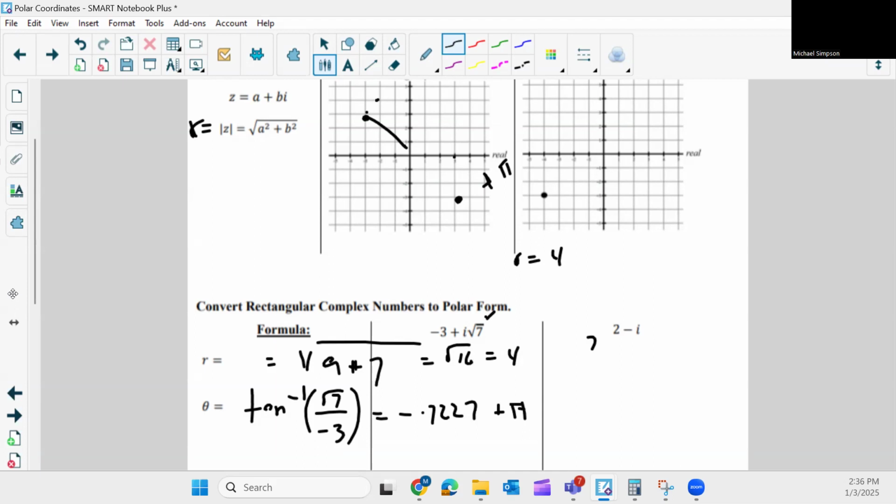When I add pi, that gives me 2.41, I'm just going to truncate it. So my angle theta is equal to 2.41. You would think that's the end of it. Well, this is a complex number now, so we've got to take it one more step.